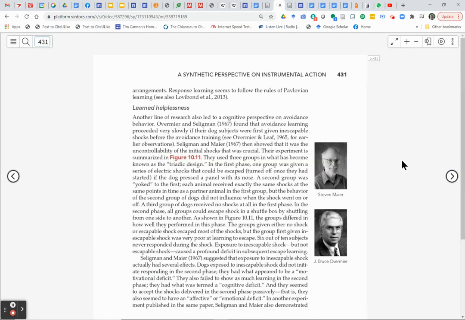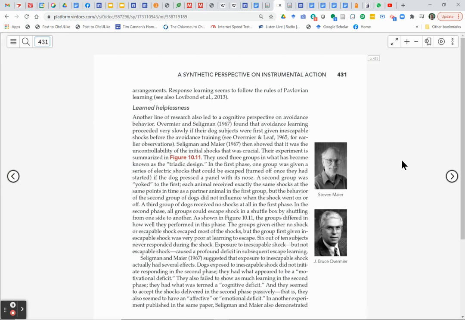And now stuff I really do care about. Steve Maier came from UPenn, and he was doing stuff a little bit earlier than my graduate training, but I was doing stress-induced analgesia, and they were doing learned helplessness. And in both cases, animals were being exposed to shock.